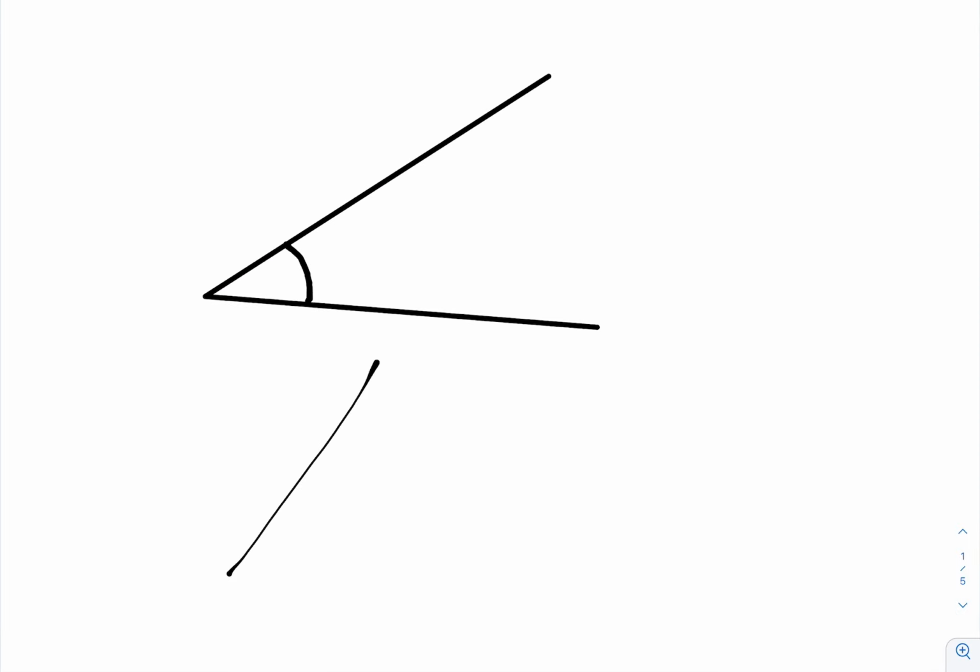Okay, so a bigger angle would be if the lines look like this. A smaller angle would be if the lines look like this. So the distance between them is small here, and the distance between them is big down here.